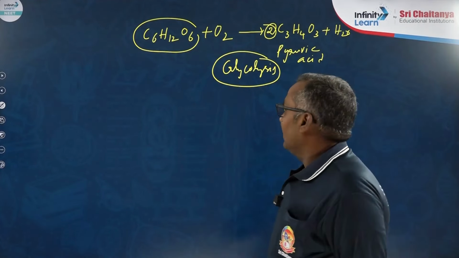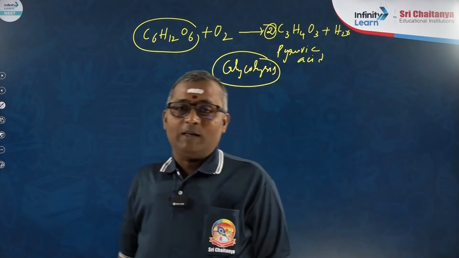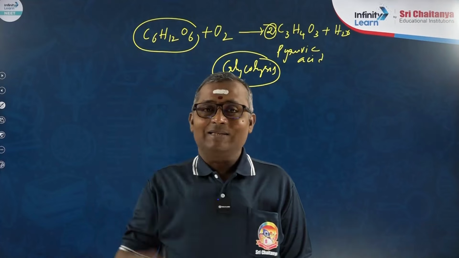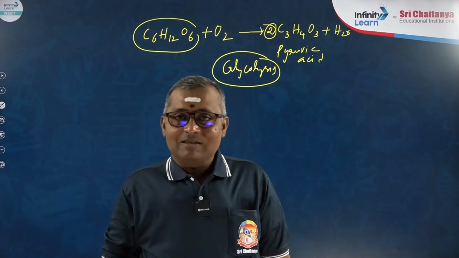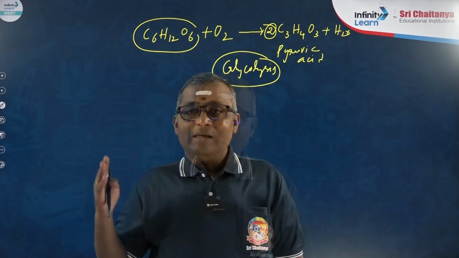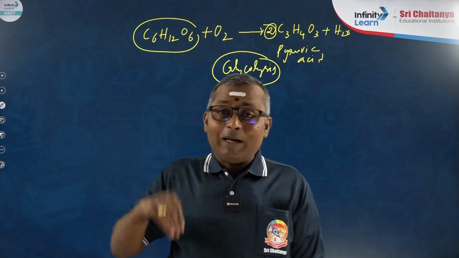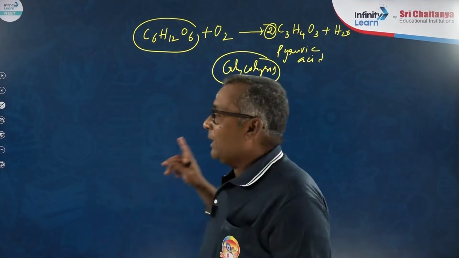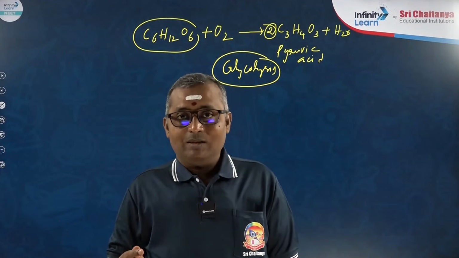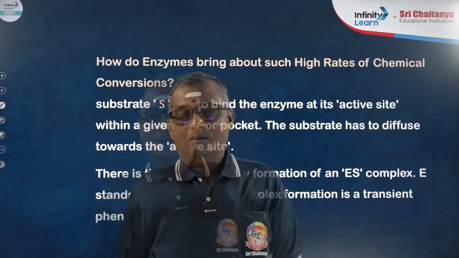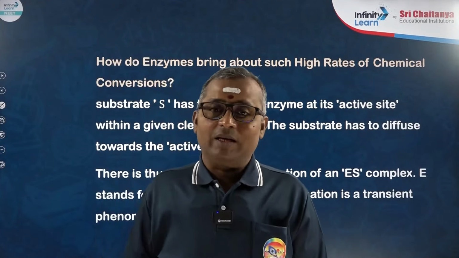Say, for example, in skeletal muscles of human, we are going to get lactic acid as end product from this pyruvic acid. Whereas in yeast cells, we are going to get ethyl alcohol. Under aerobic condition, the same pyruvic acid is further oxidized and you are going to get carbon dioxide and water. That is the importance of these metabolic reactions.